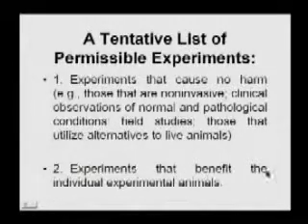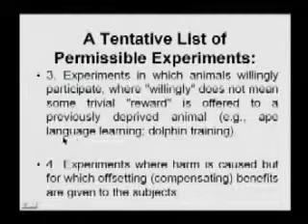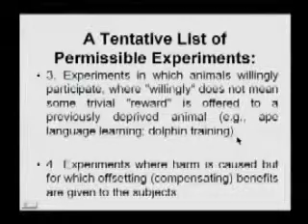So experiments that benefit the individual experimental animals. Experiments in which animals willingly participate, where willingly does not mean some trivial reward is offered to a previously deprived animal, for example, an ape language learning or dolphin training with a food type of reward.